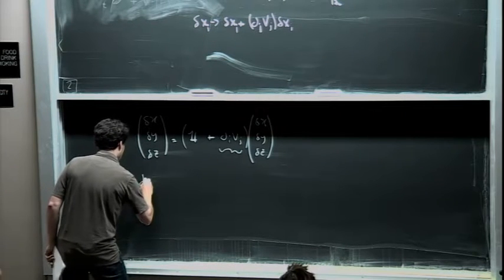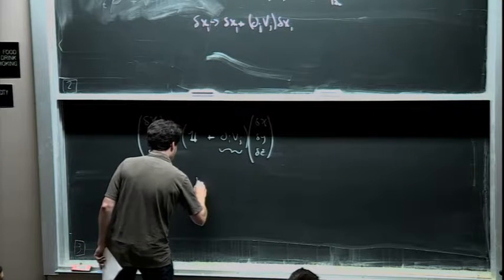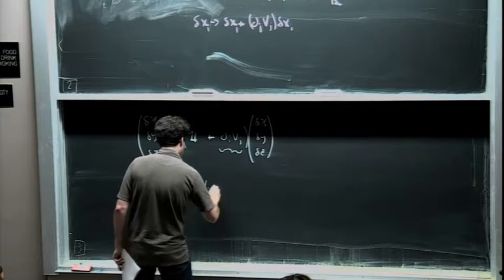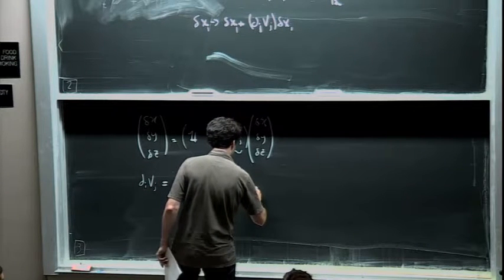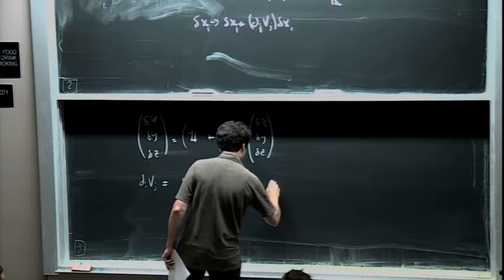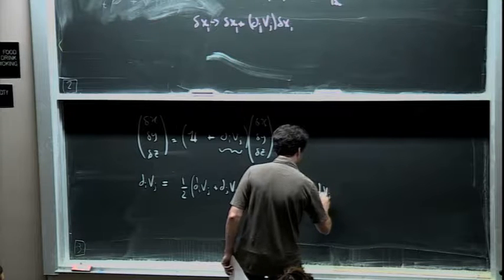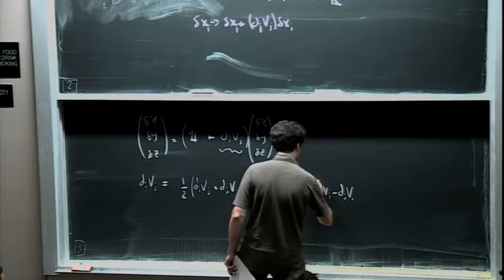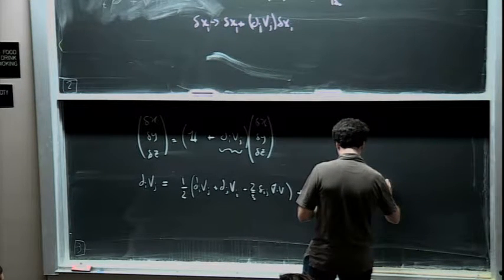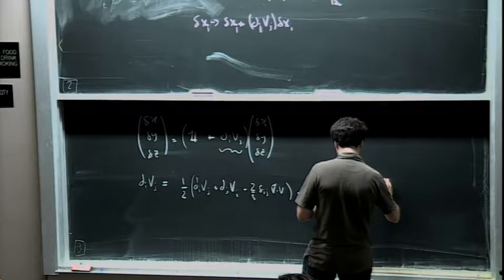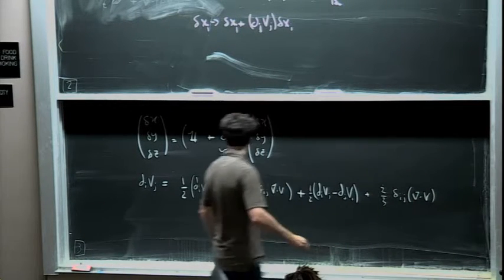So we're going to write d_i v_j as equal to one half of d_i v_j plus d_j v_i, minus 2/3 delta_ij div v, plus d_i v_j minus d_j v_i, plus 2/3 delta_ij div v.